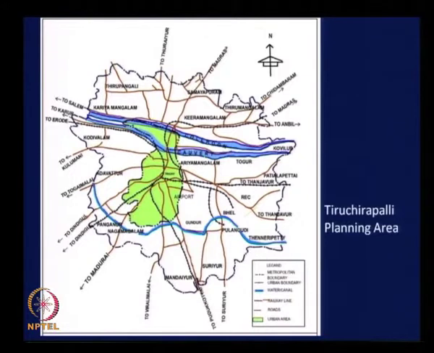Obviously, the intensity of socio-economic activities is very high in the urban area. Even if you take a small area, the number of people living there will be large compared to the peripheral areas. If you take one panchayat, there will be a cluster of houses in one location, and the rest of the area will be just agricultural land, right, whereas here it is heavily built up and activities are concentrated.